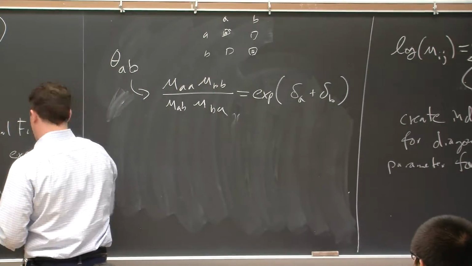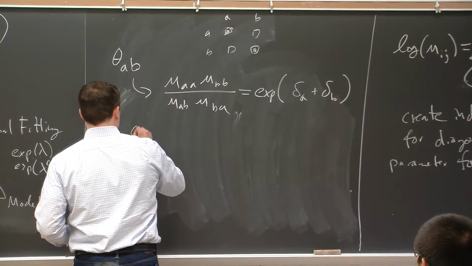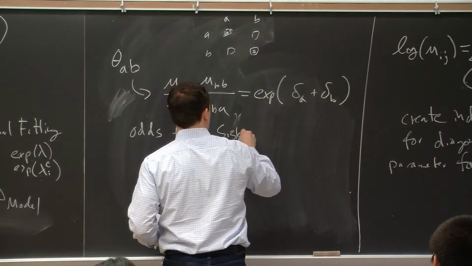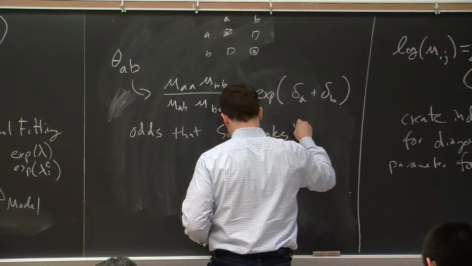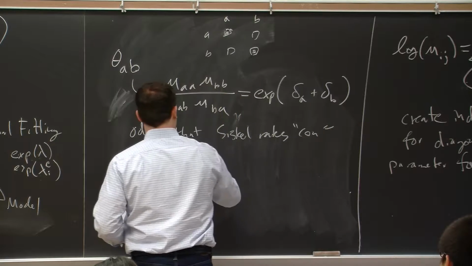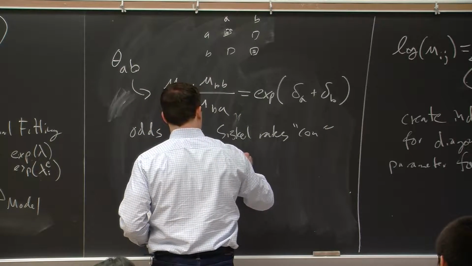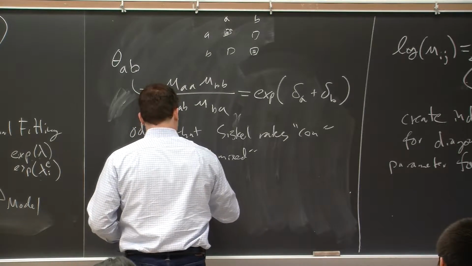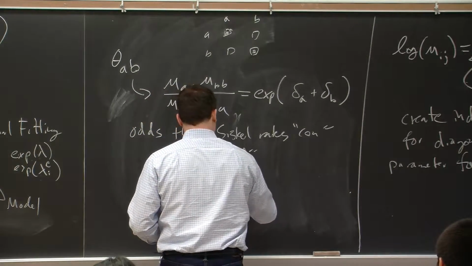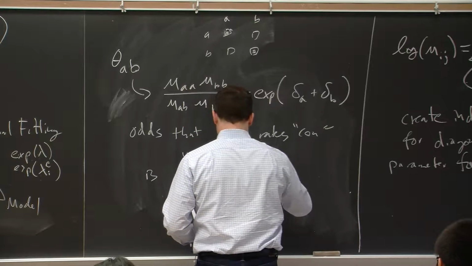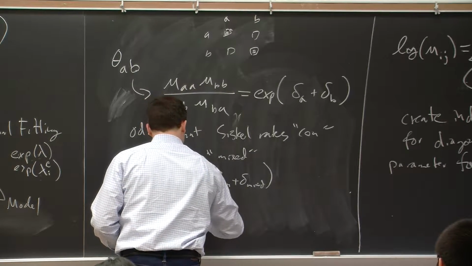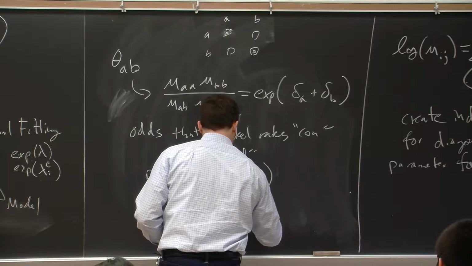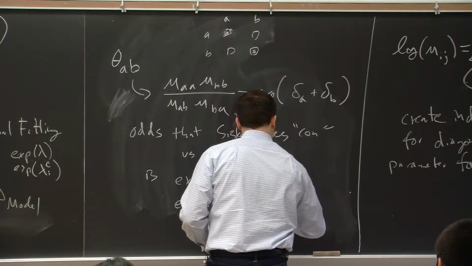So for example, in our Siskel and Ebert example, the odds that Siskel rates con versus mixed is, if you fit it, exp of delta con plus delta mixed. After the fit, that's exp of 0.96 plus 0.62, which is 4.71.